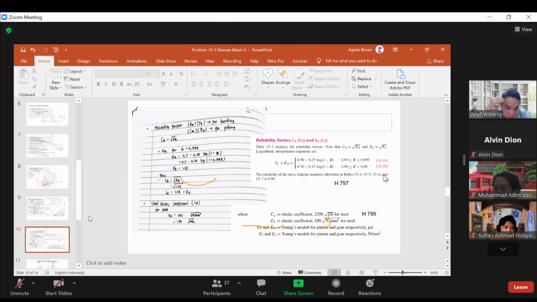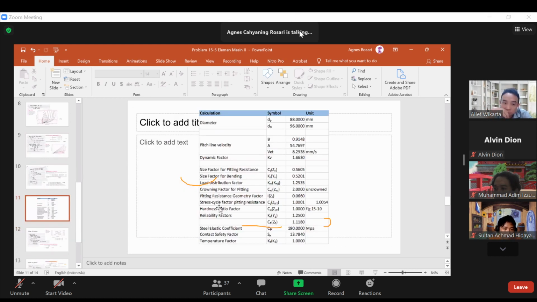After that, we got all the parameters here to calculate the power.